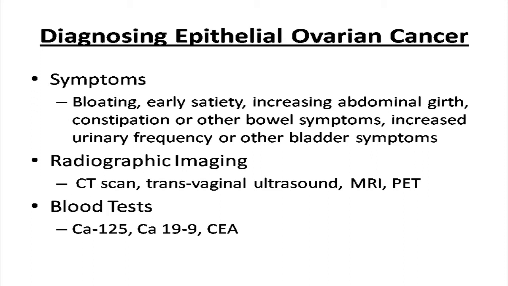It's important to note that the CA-125 is traditionally associated with epithelial ovarian cancer and oftentimes is significantly elevated at the time of diagnosis. However, it is not a very sensitive or specific marker for epithelial ovarian cancer and is best used in monitoring for recurrence, as well as monitoring for treatment response.